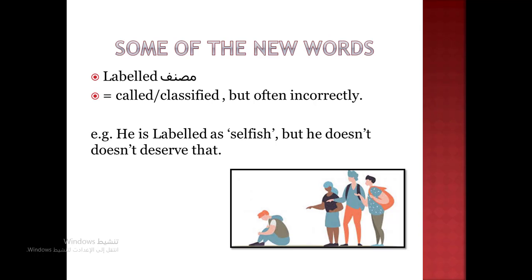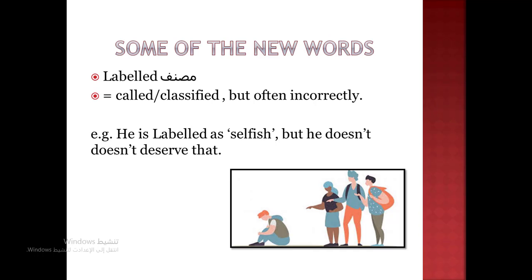So this label, this classification that is given to this person, is not correct. So that's why we are using the word labeled instead of called or classified. So this word labeled is used when the name or the classification is given incorrectly.